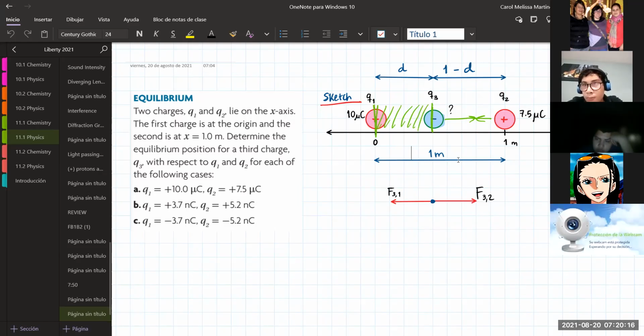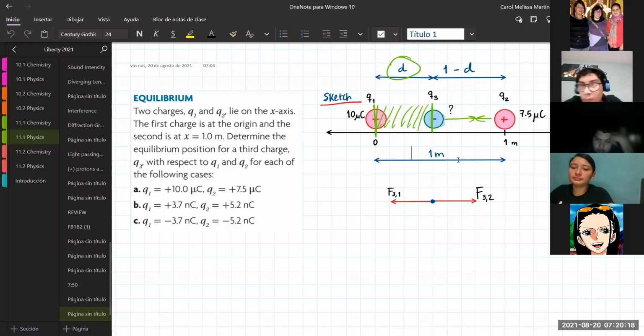All we know is that we call it D. So I need to know what this distance is. I don't know it, but we already defined at the beginning of the problem that we are going to call it with the letter D. So R31 is going to be D. What is the distance between Q3 and Q2?